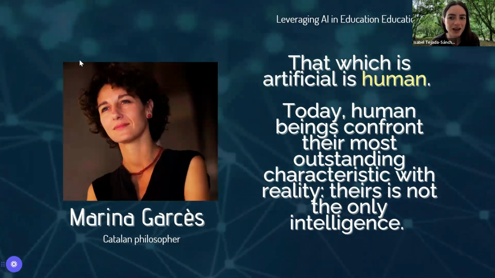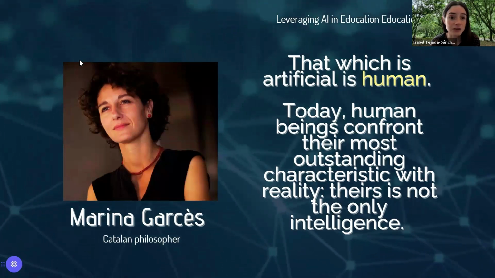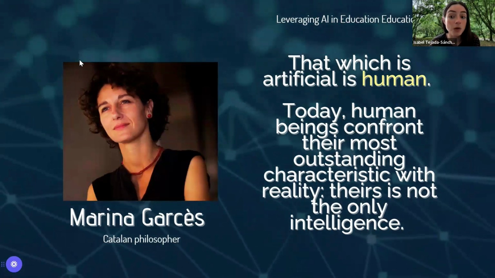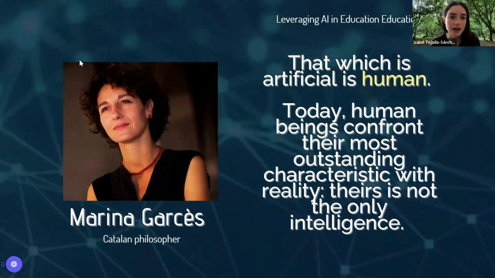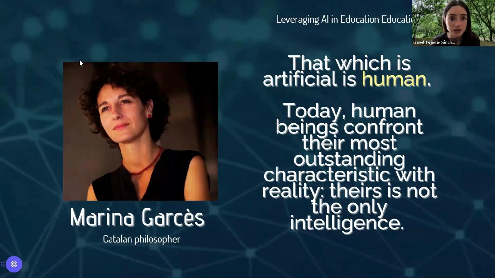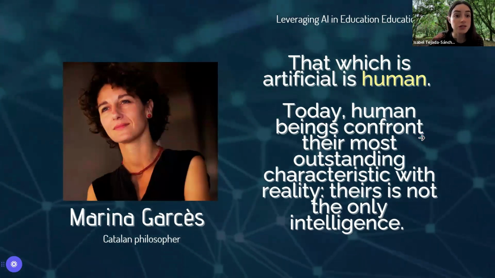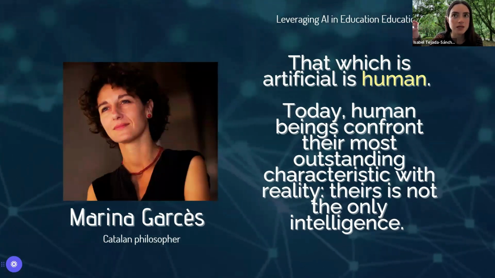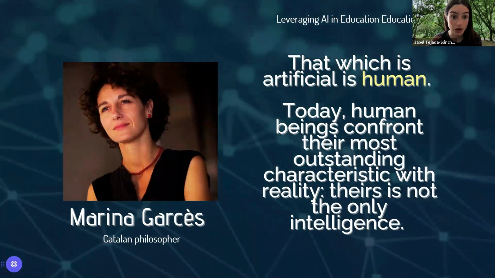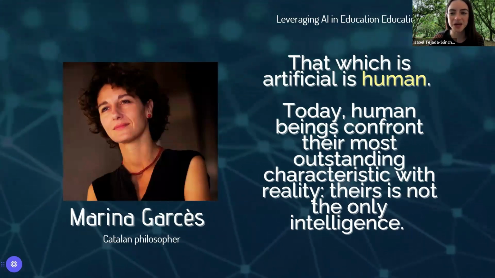She says that today we are, as human beings, as a society, as a civilization, confronted with our most outstanding characteristic and reality, which is that ours is not the only intelligence. And I think that's a key thing, because we're starting to think that it's not going to be just about us, though we focus everything that's happening on us.